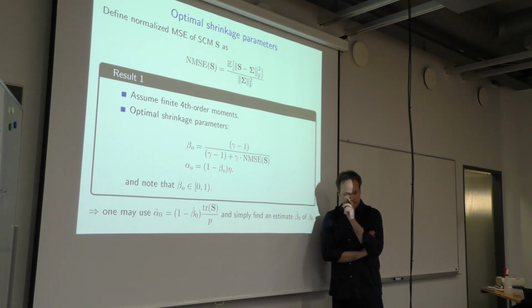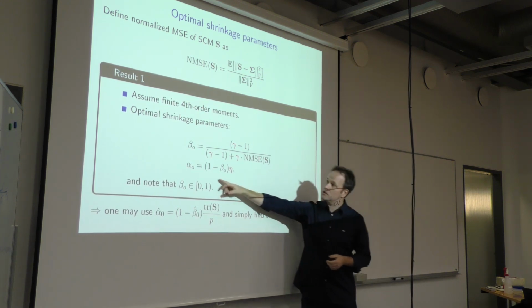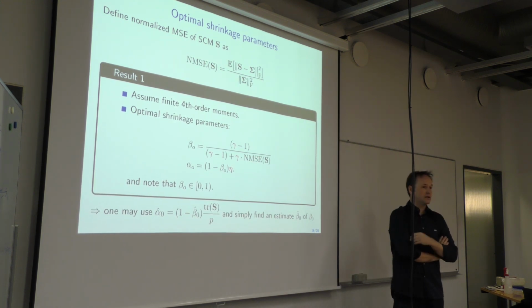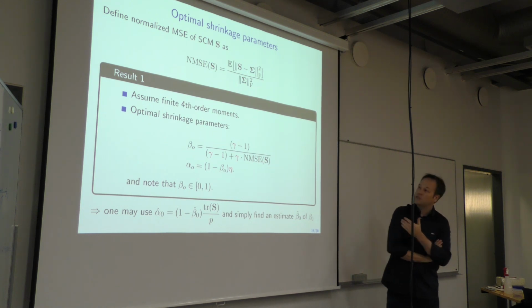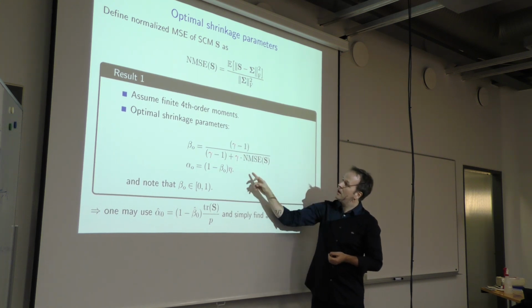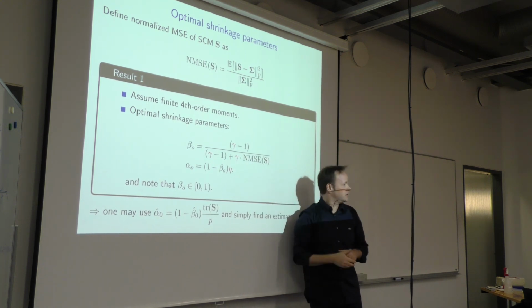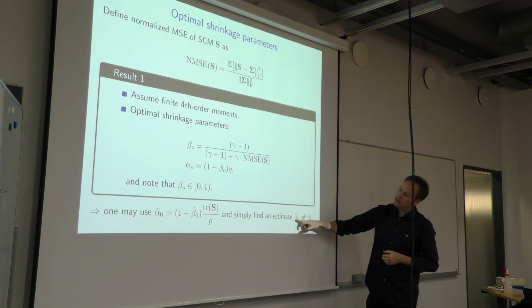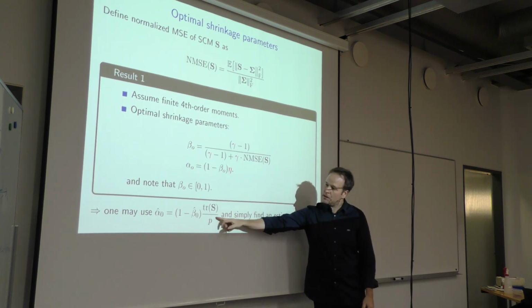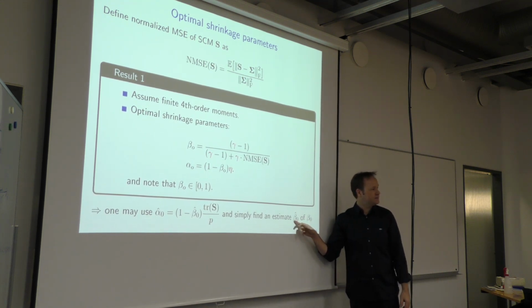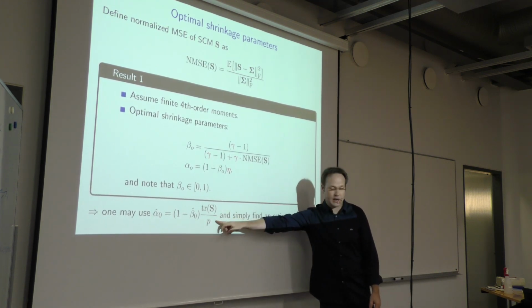And so we wanted to find those beta naught and alpha naught, and it turns out that they depend on these two statistics that I just showed you: the mean of the eigenvalues and the sphericity. Here you have the sphericity, and here in alpha naught you have the mean of the eigenvalues. And the good news is that we can just plug in: if we can find an estimate of beta, we have an estimate of alpha.